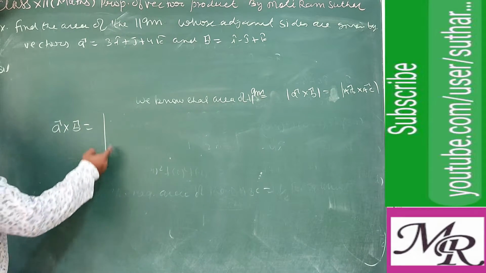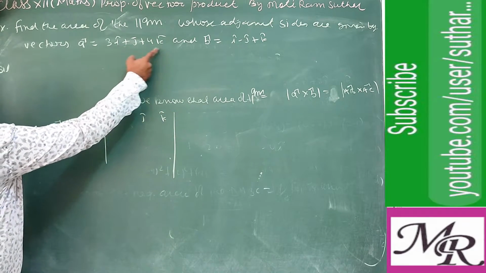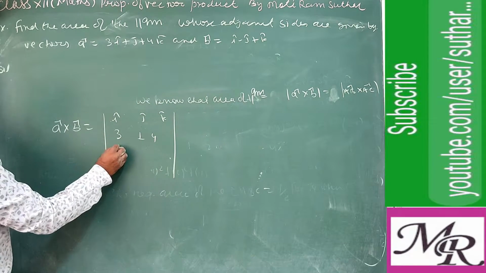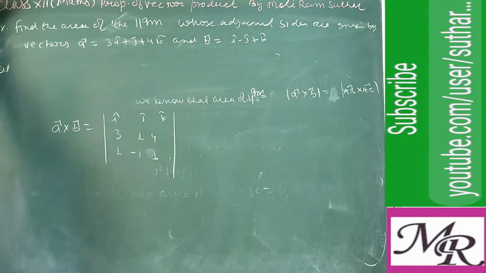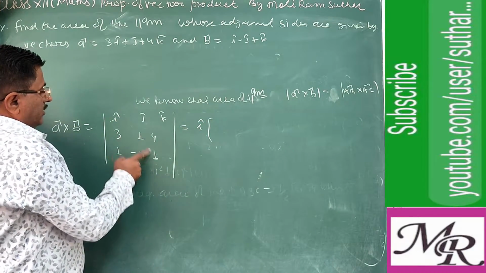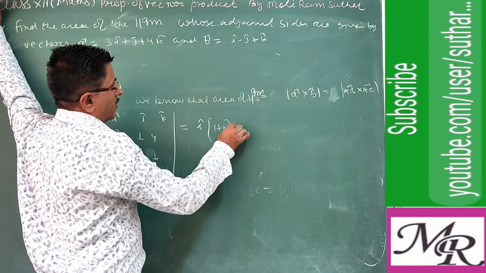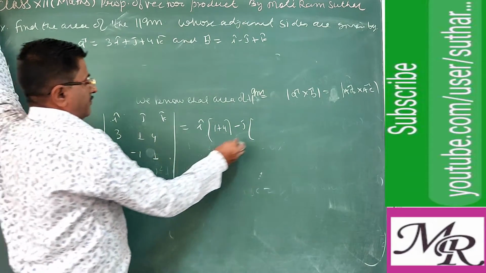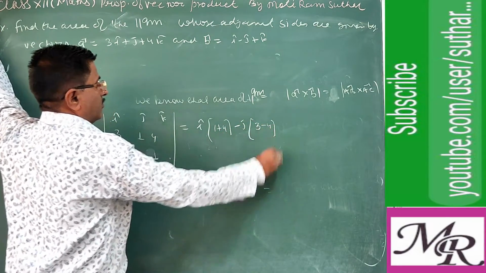Again using the determinant. First row i, j, k. Second, coefficients of the first vector 3, 1, 4. Then next 1, minus 1, 1. Now we expand along the first row. So i into (1 into 1 minus minus 4), that is 1 plus 4. Then minus j, for j 3 into 1 minus 4.